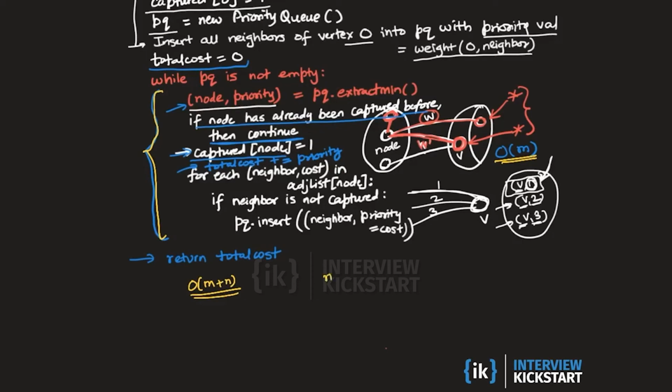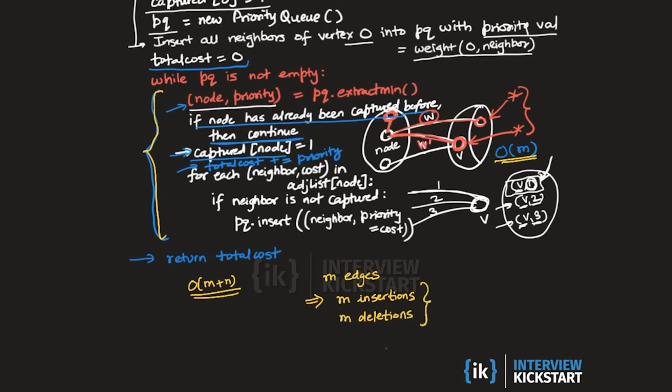So if there are m edges in the graph, we are going to do roughly m insertions. Of course, the number of insertions might be much less than m, but I'm just trying to come up with an upper bound on the number of insertions into the priority queue. So m insertions, and every time we insert an edge, it's going to get popped out at some point. So there'll be m deletions as well.